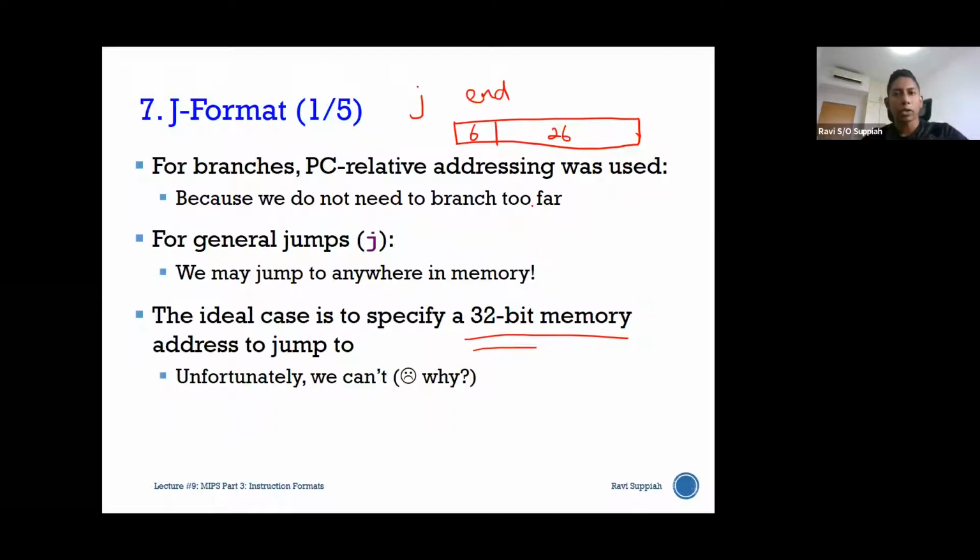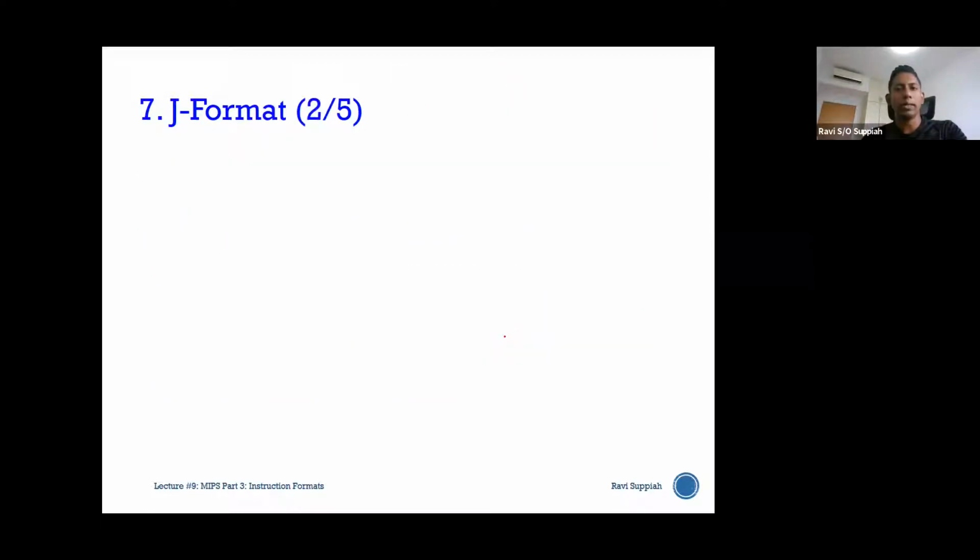For every instruction in MIPS, we already have 6 bits reserved for the opcode. Since 6 bits are reserved for the opcode, we are only left with 26 bits. How do I make use of these 26 bits to translate it into a final 32-bit address? That is what we were discussing last.